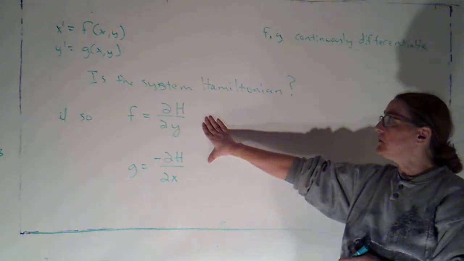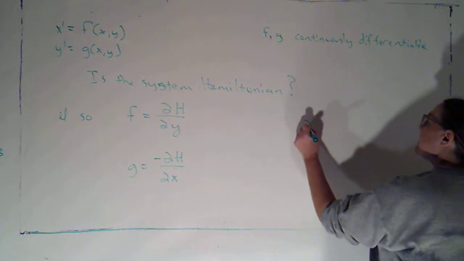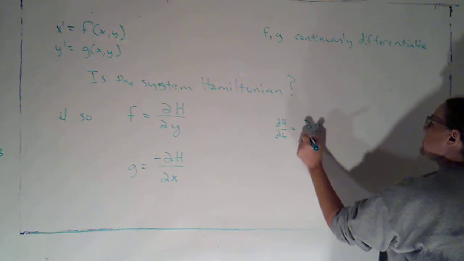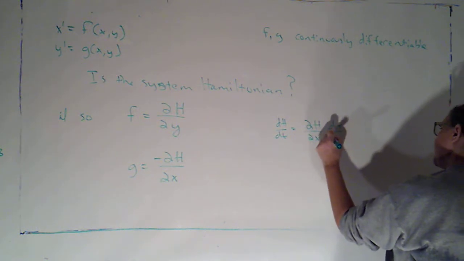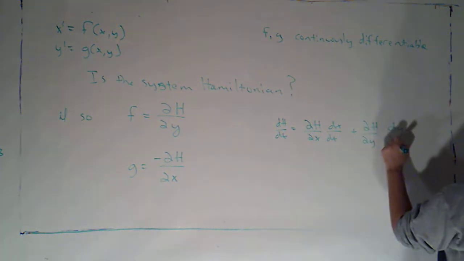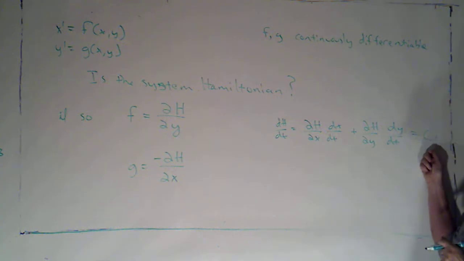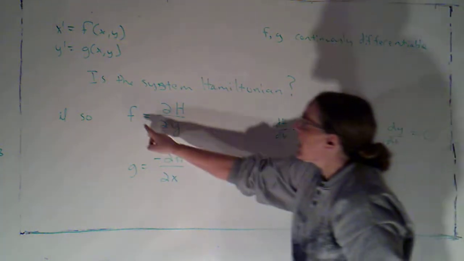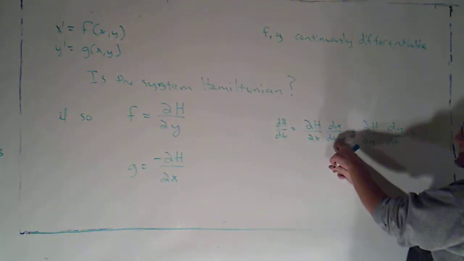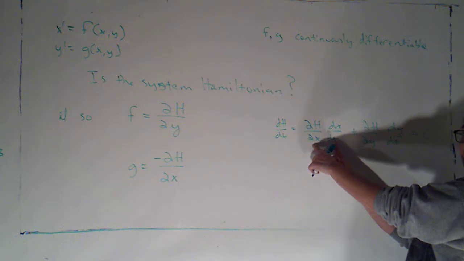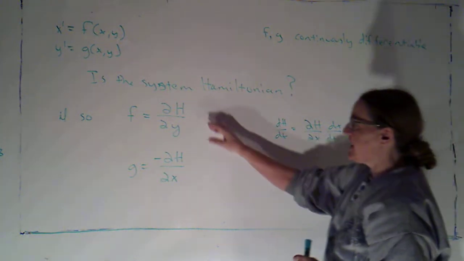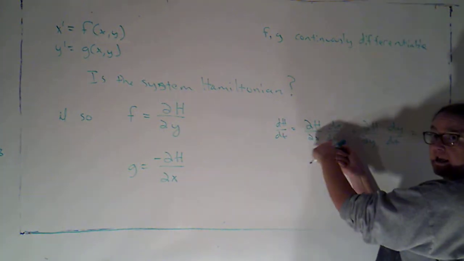Because remember, what we were looking at is dh by dt, which would be the partial of h with respect to x, times dx by dt, plus the partial of h with respect to y times dy by dt. We're trying to make that equal to 0. So if f is giving me dx by dt, or x prime, I'm going to be multiplying that by the partial of h with respect to x. I don't want this to be the partial of h with respect to x, because then I'd just be squaring that.